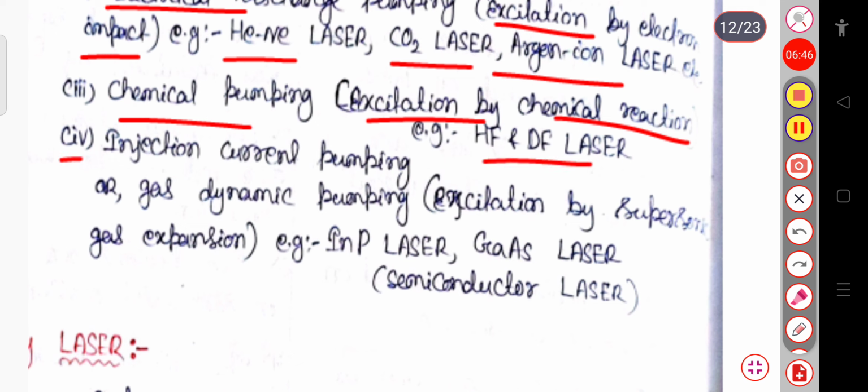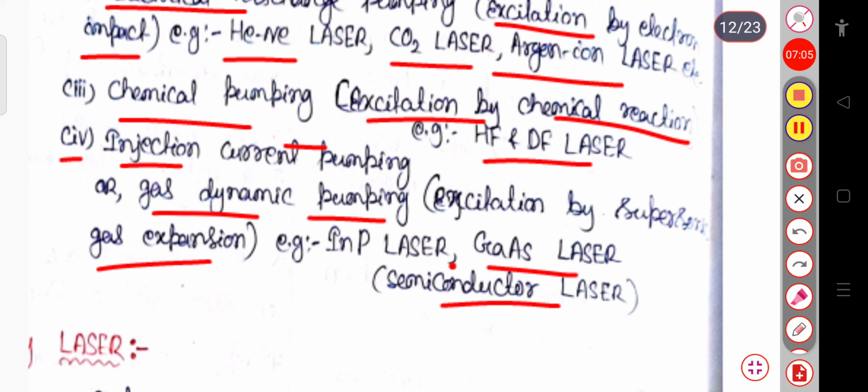Then the next one is injection current pumping, or gas dynamic pumping, where the excitation is done by supersonic gas expansion. The examples are indium phosphide laser and gallium arsenide laser, also known as the semiconductor laser.